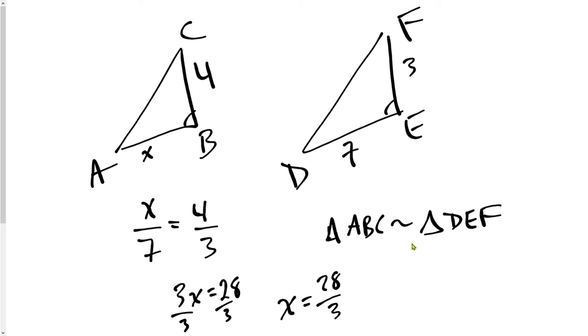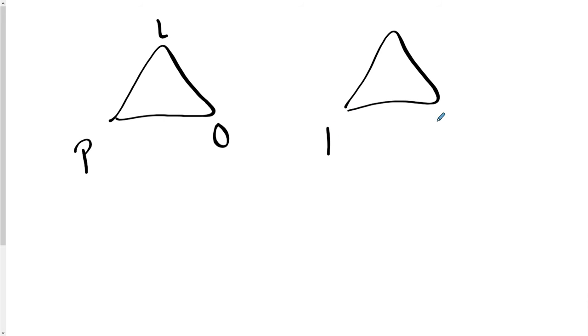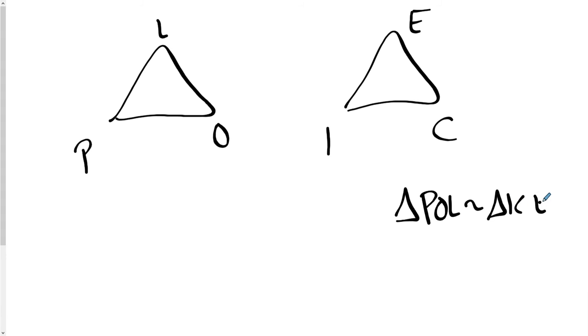Now, I was given that these are similar, so for the next couple of examples, I'm going to give you that they're similar. So if I have triangle, I'm going to go back to my favorite, POL, and triangle ICE. And I know for a fact that triangle POL is similar to triangle ICE. And I know that this is 5, this is 2, this is 8, this is 4.